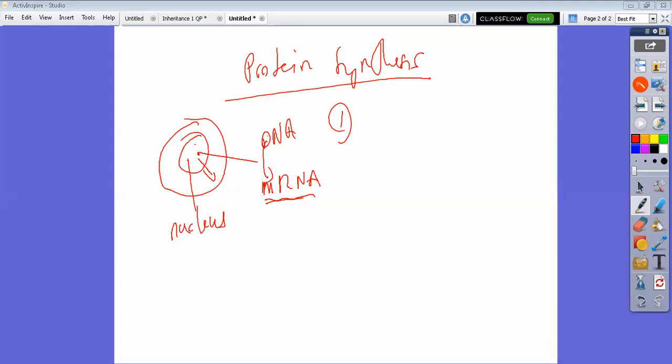Into different protein structures, molecules. So you have so many different protein molecules, depending on their bases. Do you agree?